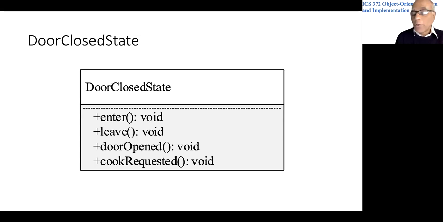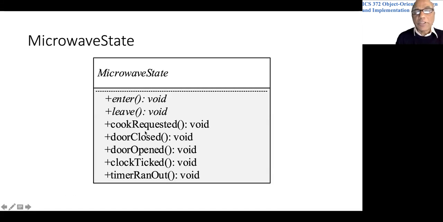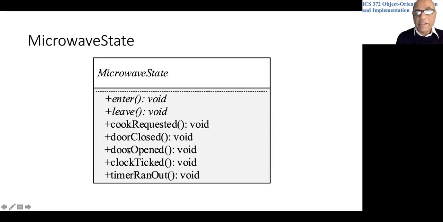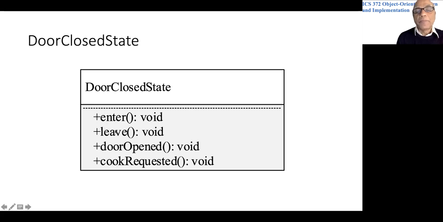So we don't need to worry about the timer ticking or the timer ending the requested time. None of that. So only 2 of these 5 methods need to be overridden here. But the enter and leave are abstract methods in microwave state, so they need to be always overridden.